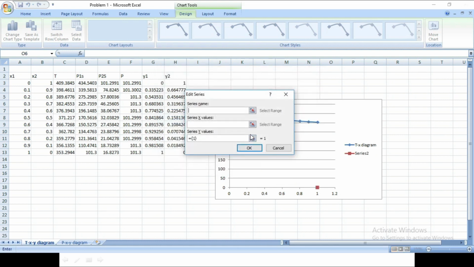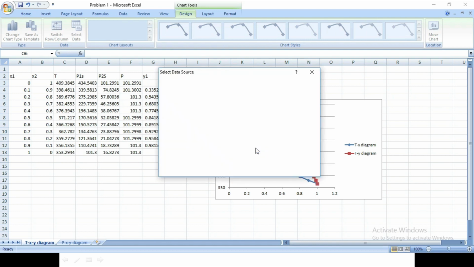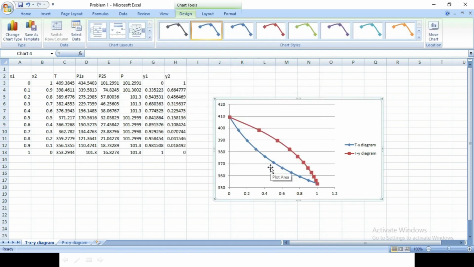Add T-Y diagram. X values, Y values. Now we have successfully constructed the TXY diagram.